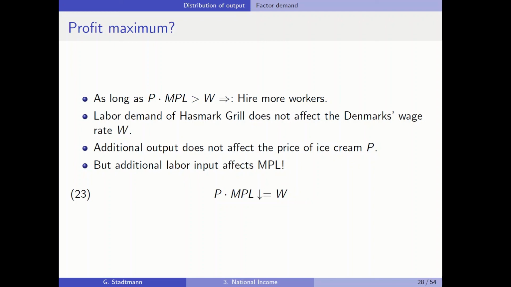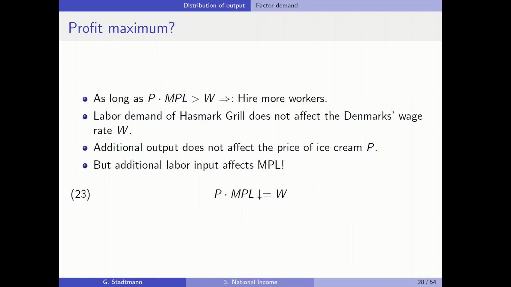And the owner also does not know how to derive the marginal productivity of labor in case the production function is given. So of course, the manager of Hasmark Grill is not doing these kinds of calculations.